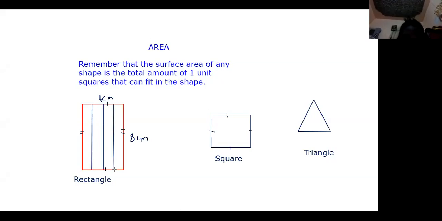So I've just split the longer side into 4. Everybody see that? So my short side measures 4 centimeters, and I'm basically cutting it up into 4 one-centimeter bits.